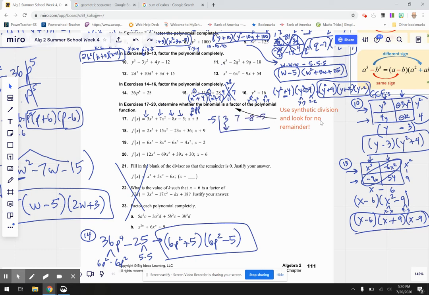So bring down the 3. Negative 5 times 3 is negative 15. Combine those, you're going to get negative 8. That's going to give us positive 40, which is a positive 32.